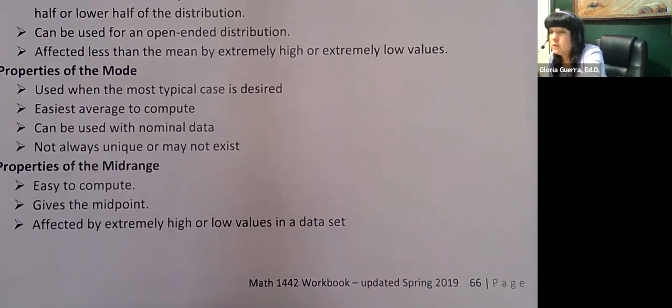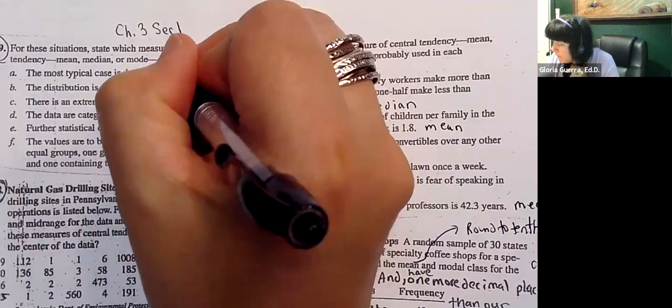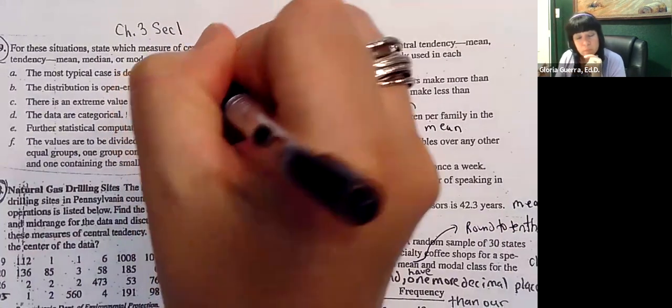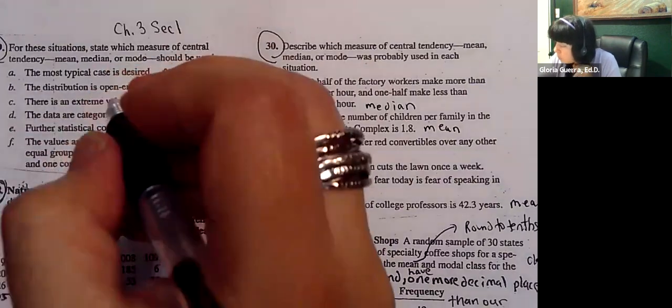So let me go back to your problems here, see what's left. So that would be A, the most typical case is desired. And then D, the data are categorical.